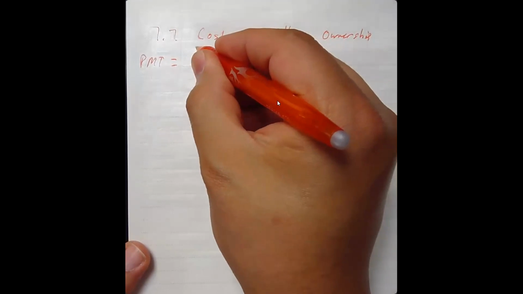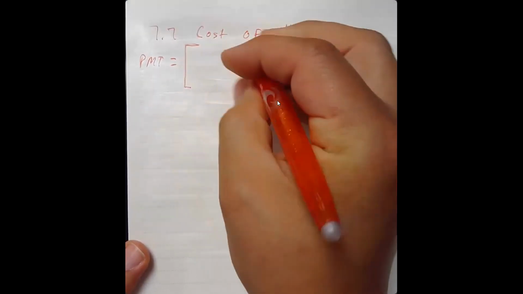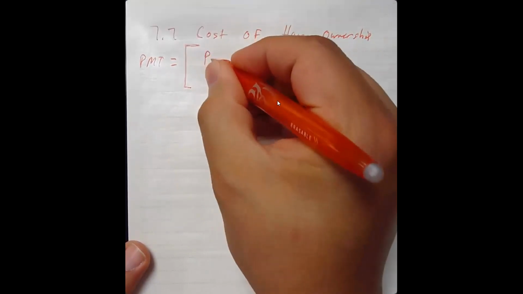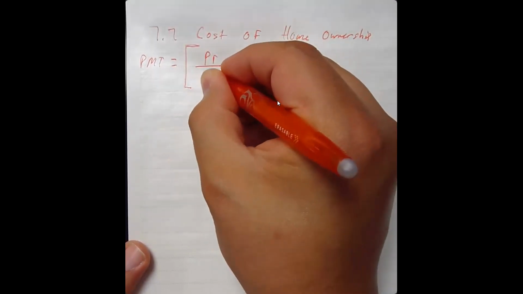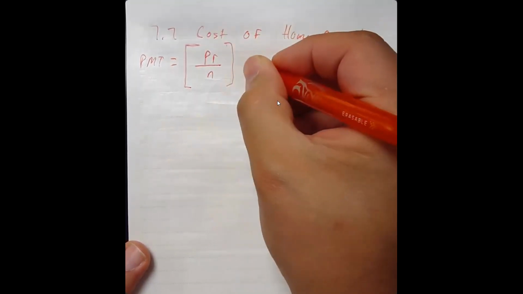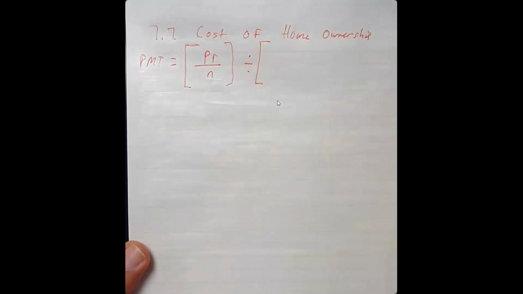Then the way I'm going to write it is bracket for the top part. So P R over N. And then just do divided by and open a new bracket. That might be the easiest way.